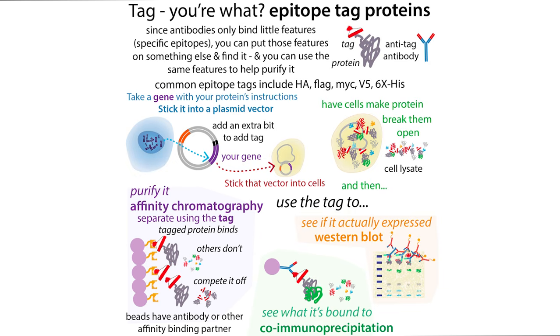And so we can take a part that an antibody will recognize, that epitope, and stick that onto something else and trick the antibody into binding to it. We can stick these little epitope tags, things like HA, FLAG, MYC, V5, onto the end of our protein, just by sticking the instructions for making them onto the end of the instructions for making our protein.